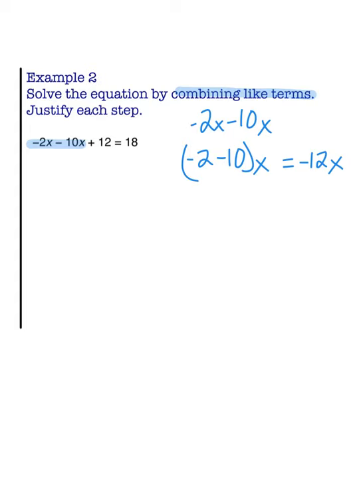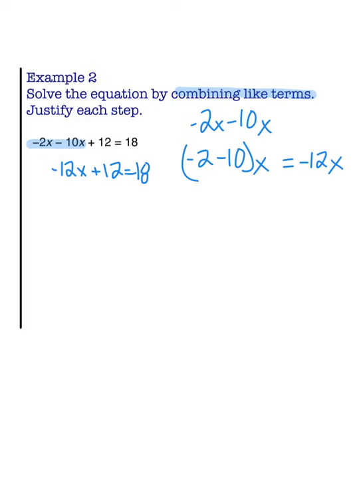All right, so side note, now I know negative 2x minus 10x is negative 12x. So I'm going to simplify that equation first, and I'm going to rewrite it as negative 12x plus 12 equals 18. Notice I just combined the like terms and then substituted that negative 12x for negative 2x minus 10x.